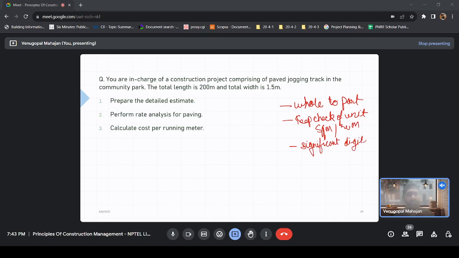Anybody who is working want to add another thing that should be kept in mind while working with detailed estimates, on the very general basic side? Proper reading of drawings. Yeah, that's for time, and coming from whole to part. You read the complete section first.